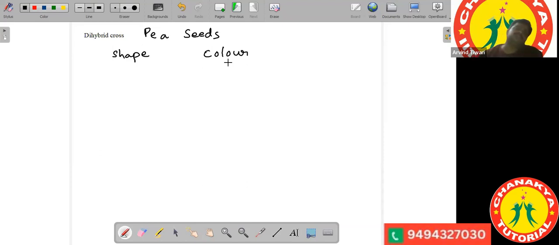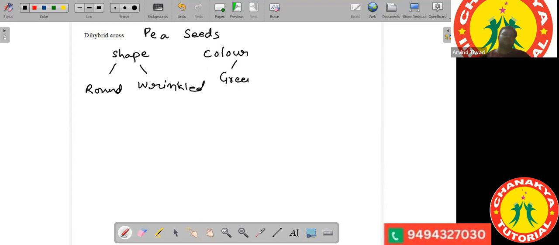There are two shapes possible: either the seeds can be round shaped, or they can be wrinkled. In the color, there were two colors: either green or yellow. We are going to study two characteristics together. If two characteristics are studied together, we call it a dihybrid cross.